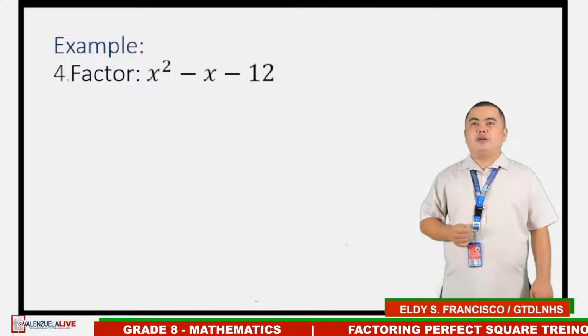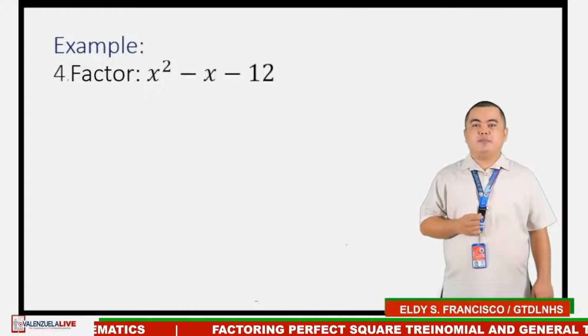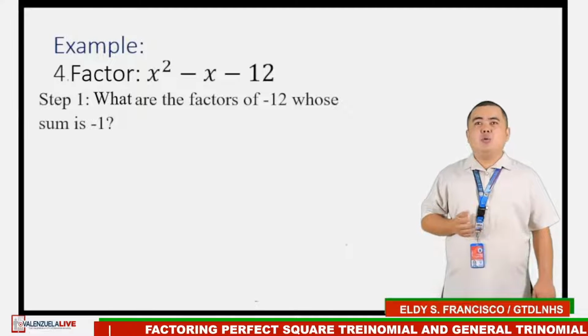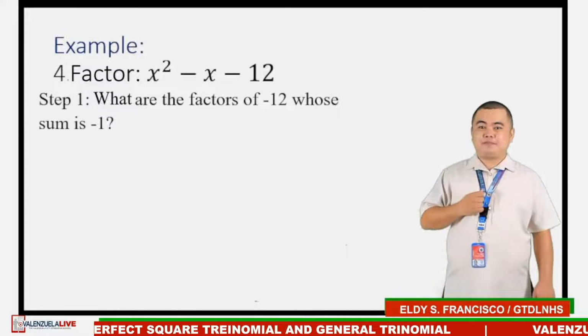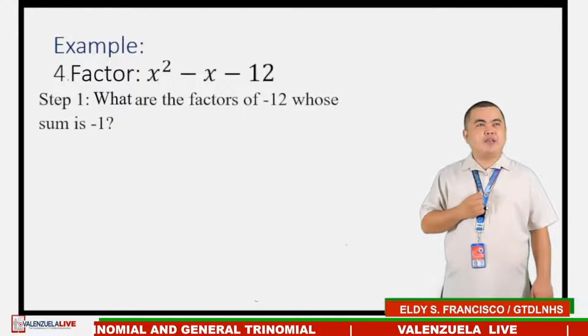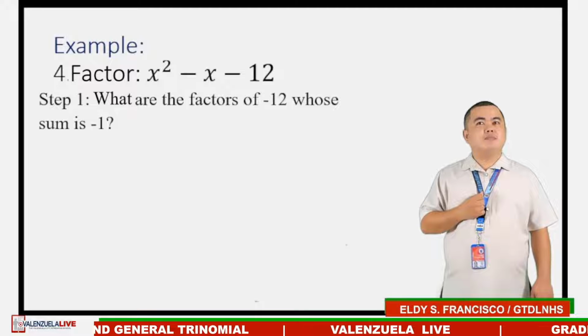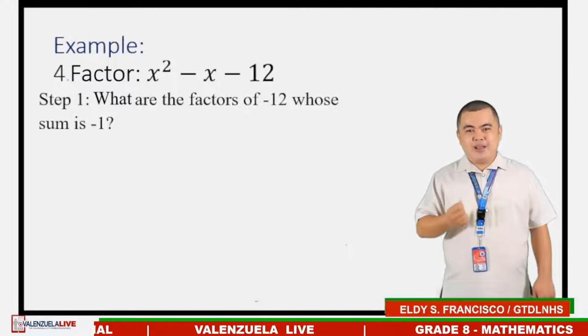Example number 4. Factor x squared minus x minus 12. So from step 1, what are the factors of negative 12 whose sum is negative 1? Try to think. What are the factors of negative 12 that the sum is negative 1? Very good.